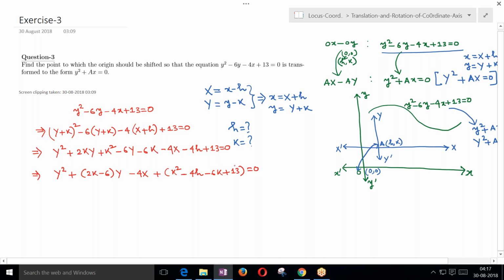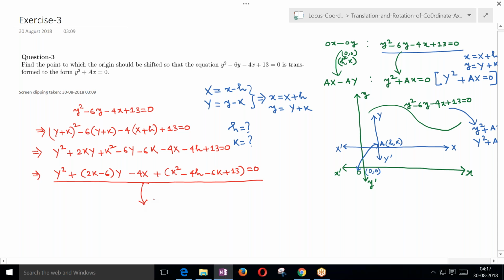That is the reorganization I have done. So if you look into this equation, is it correct? I hope everything is correct here. So k square, 6k, 4h, 13.